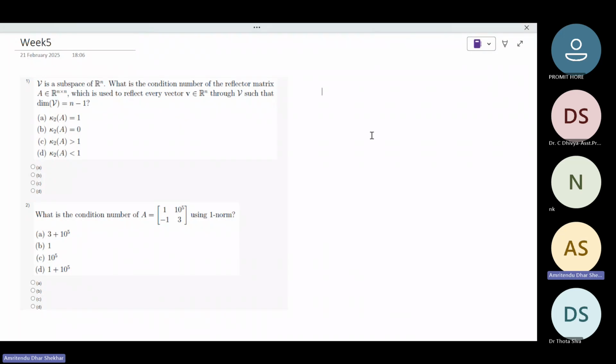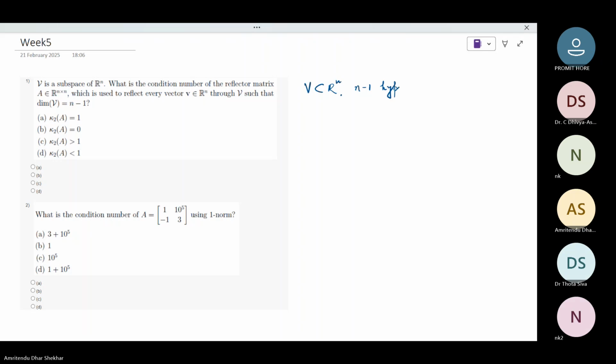In the first problem, what is given to us is a subspace of R^n, V, which is an n minus one hyperplane. An n minus one hyperplane is characterized by an implicit function.